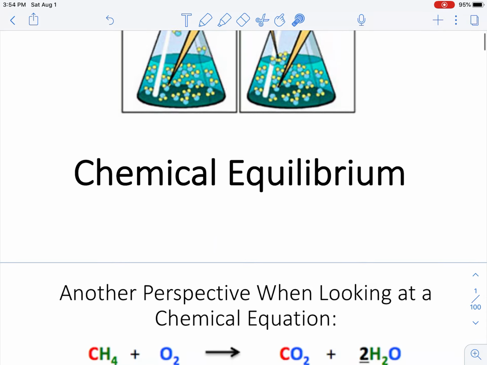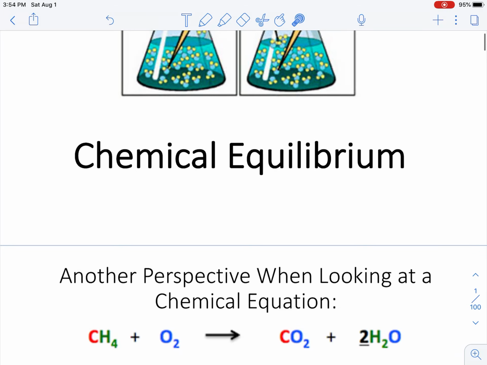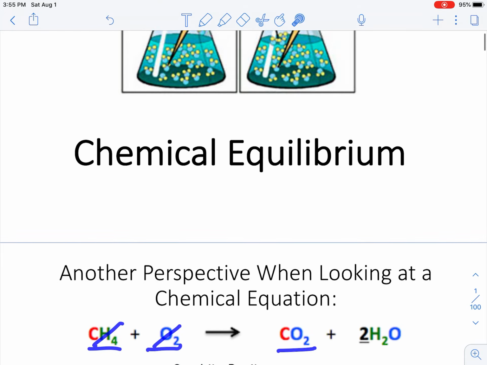And so an example of this is a combustion reaction, where our source of hydrocarbon is going to be CH4, which is commonly known as methane. When methane reacts with molecular oxygen, which is present in our atmosphere, in the presence of some type of catalyst, such as a spark, these two reactants will be completely consumed, producing these two products.